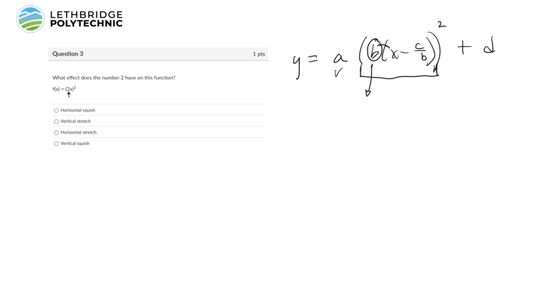In the video, I showed what each of those things do, but b specifically is a horizontal stretch or squish. Now b and c are the same kind of thing, in that they deal with x values. So left, right, squish horizontally or stretch horizontally. But they're opposite to what you think.